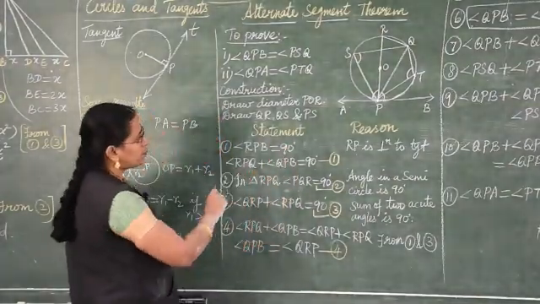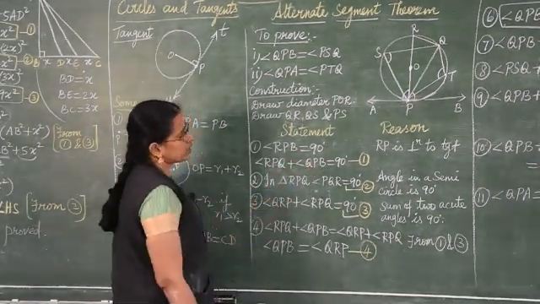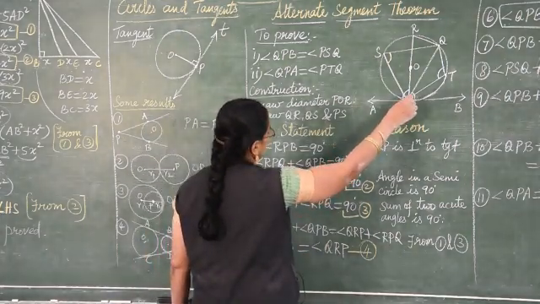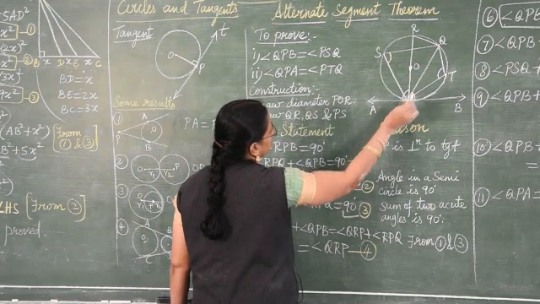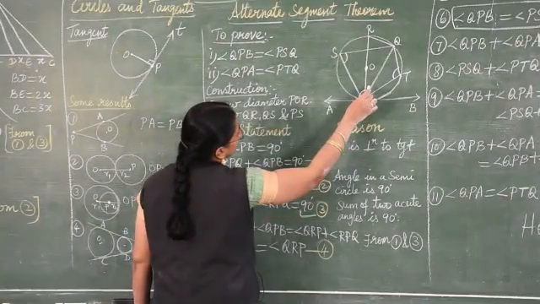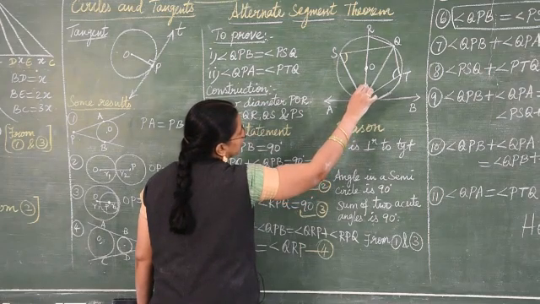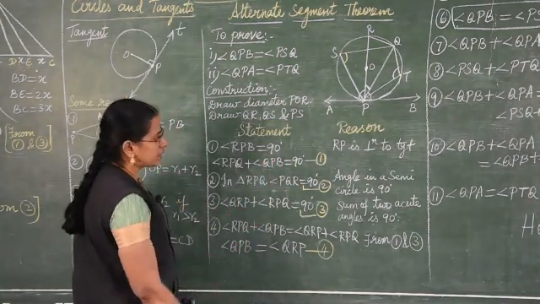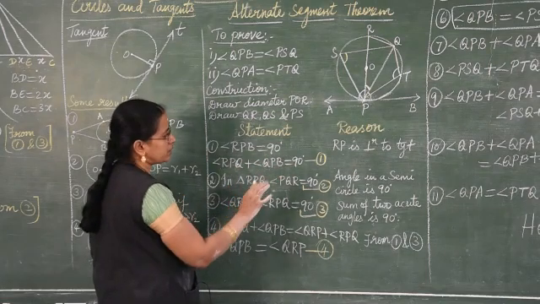Then angle RPQ plus angle QPB, these two angles, whenever you add them, equal 90 degrees. That is clear, since RP is perpendicular.